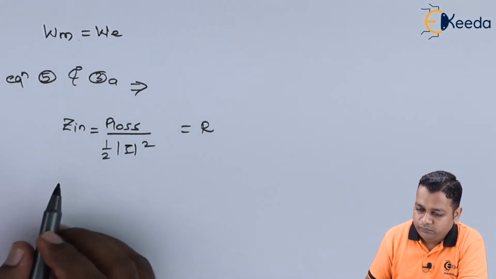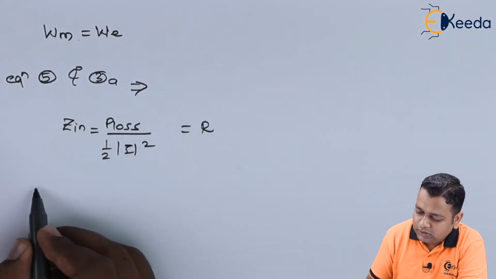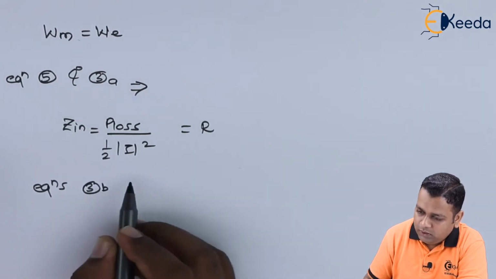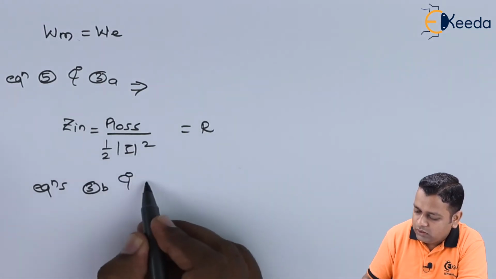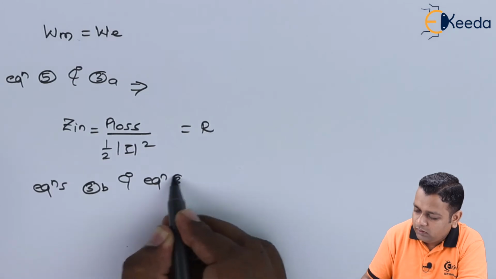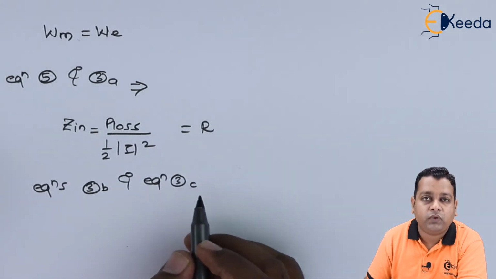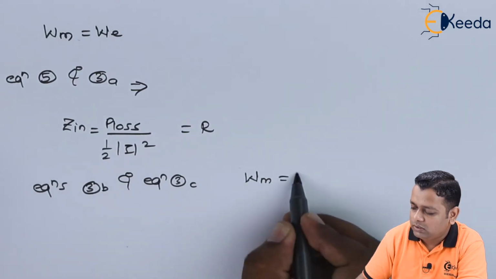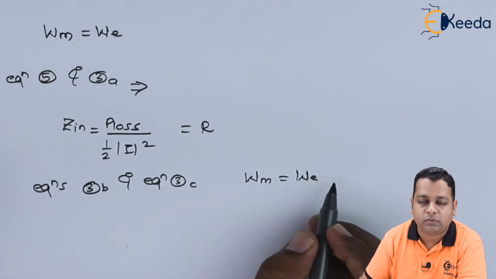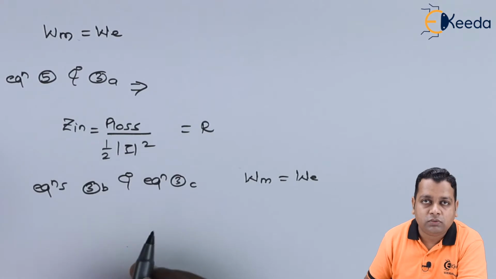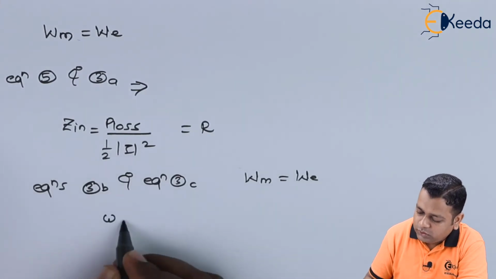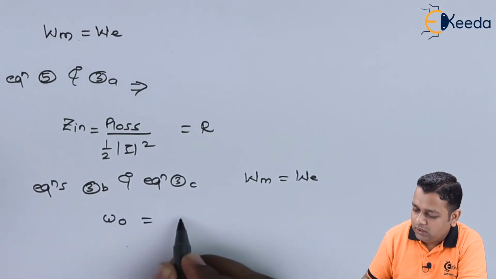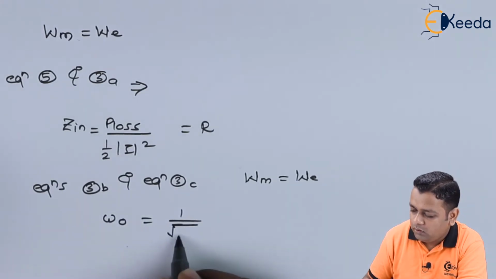Next, from equations 3b and 3c, we can again use the condition that the stored energies of magnetic and electric form are the same. The resonant frequency, represented by omega suffix 0, is given as 1 upon under root LC.